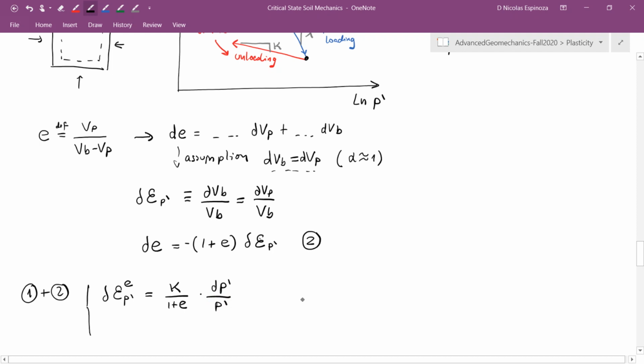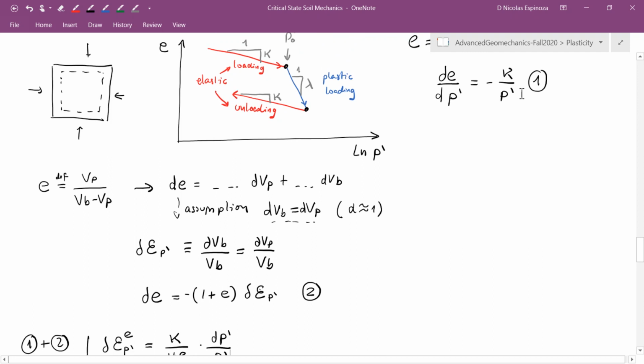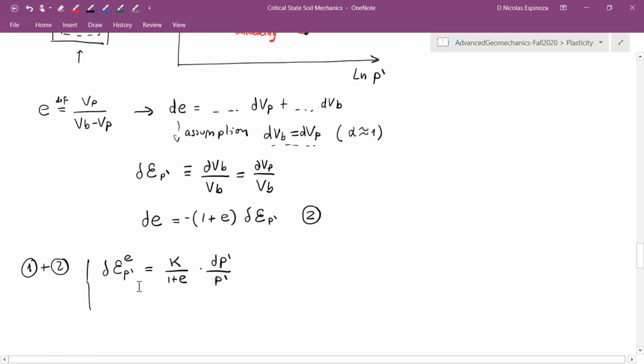This is the nonlinear part. So again, all I'm doing is combining this equation with that equation. You see that we have a shared change of void ratio here, and there is the kappa and there is the 1 over 1 plus e. So this is going to be the result of combining these two.